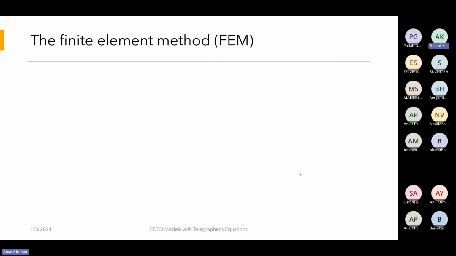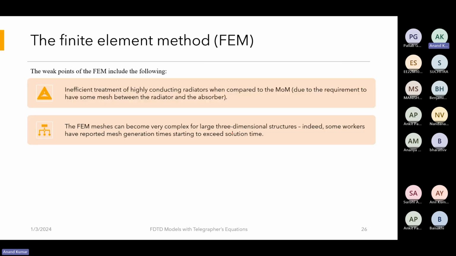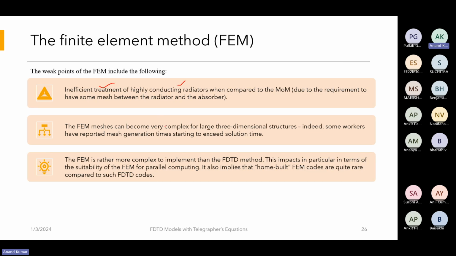So these are the strong points of FEM. And the weak points, again like FDTD, are that we do not have a good treatment of conducting structures. The FEM mesh becomes very complex for three-dimensional structures.